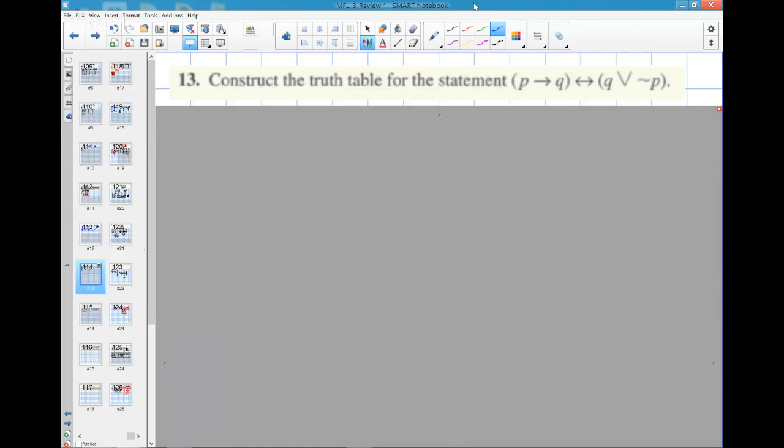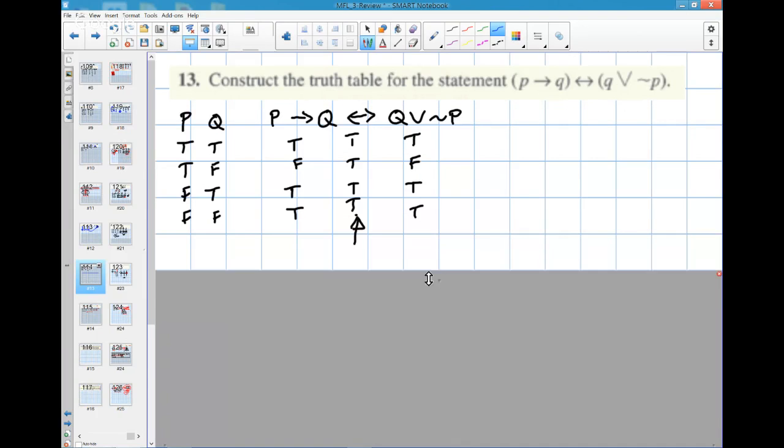Okay, so what you have to do is break this down into pieces, right? So first, you've got two letters, P and Q, so set up your standard PQ setup. Then in parentheses, you have an if P then Q, and you can see I set up a column for that right here. And then in the other set of parentheses, we have that thing.